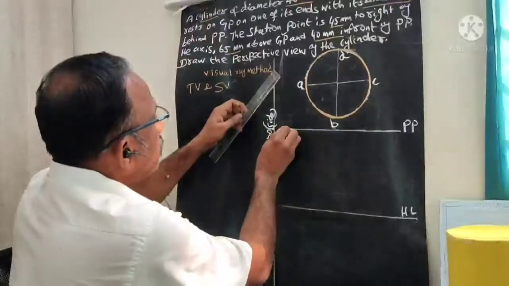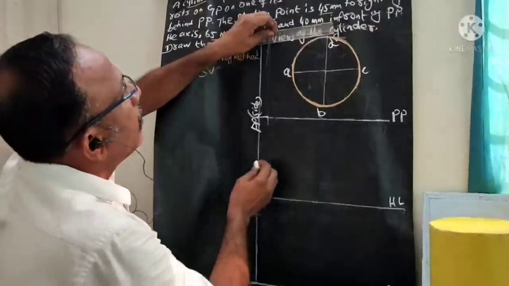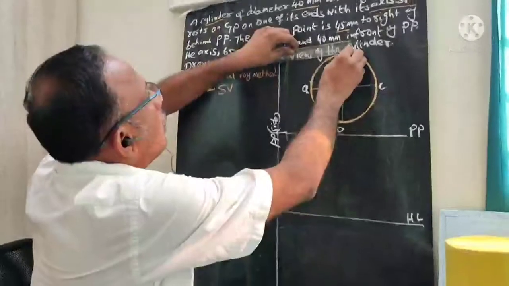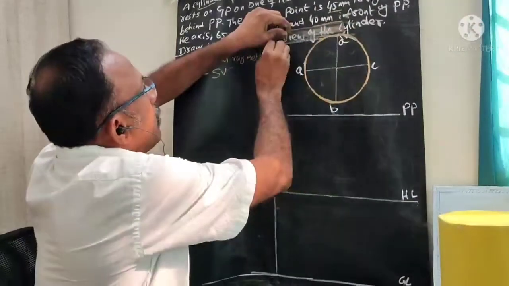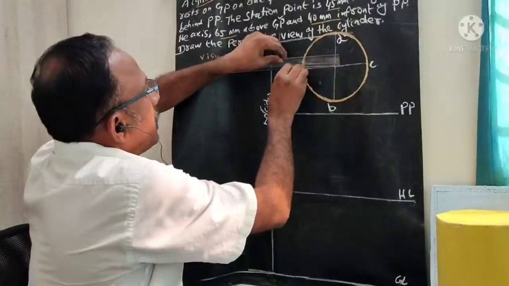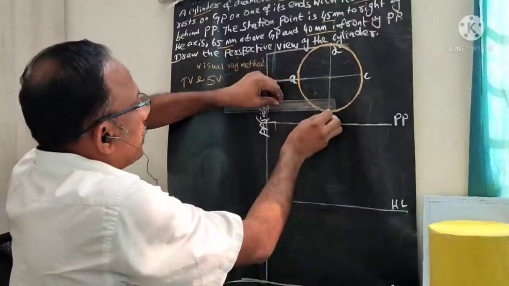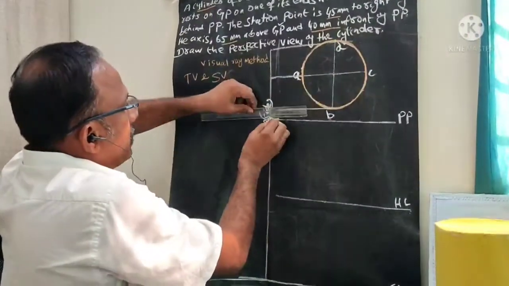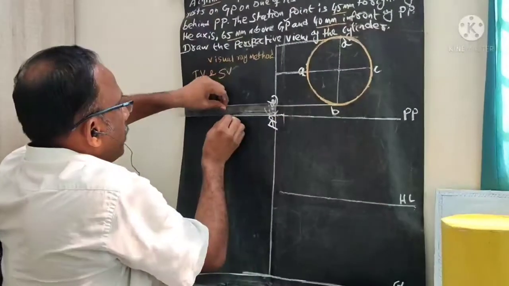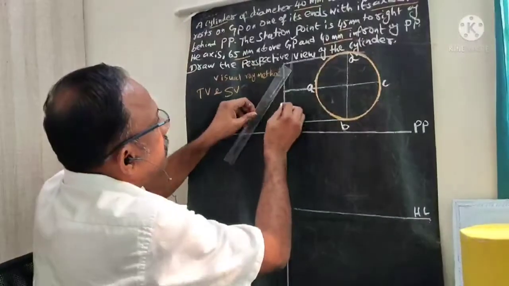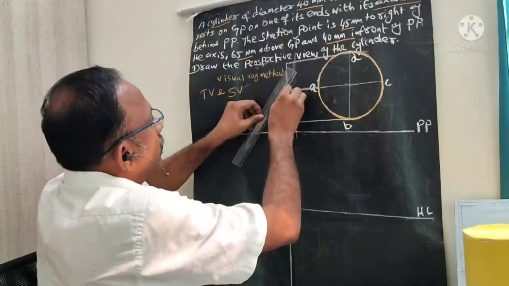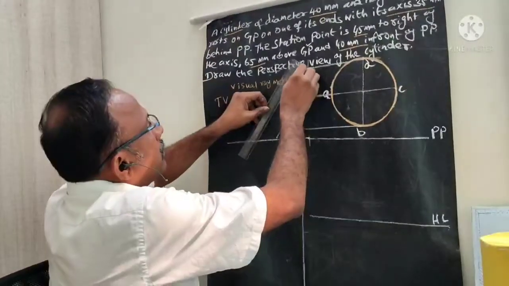For this I need to draw parallel lines from all these cutting points, all these marking points: first line, second line and third line. Now extend this PP line. Now draw a 45 degree line from these intersection points, one 45 degree line from each of these points, in order to get our side view.